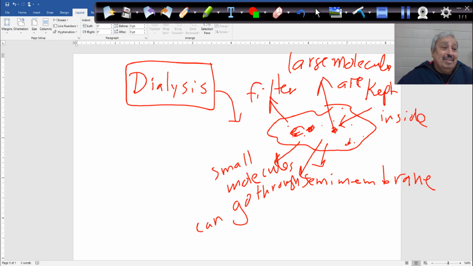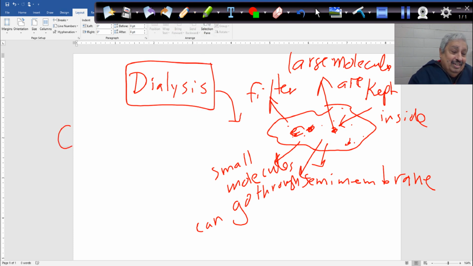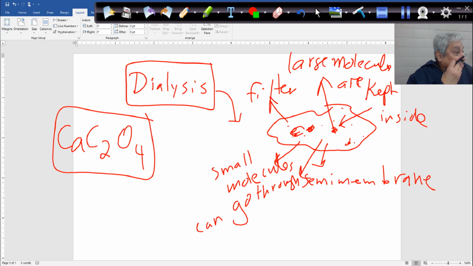That's misleading because most of those green veggies have oxalate in them, and our body has calcium from the bones, correct? So calcium oxalate is the major component of a kidney stone. It's called calcium oxalate.